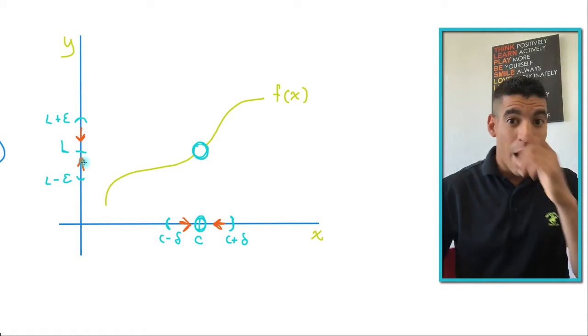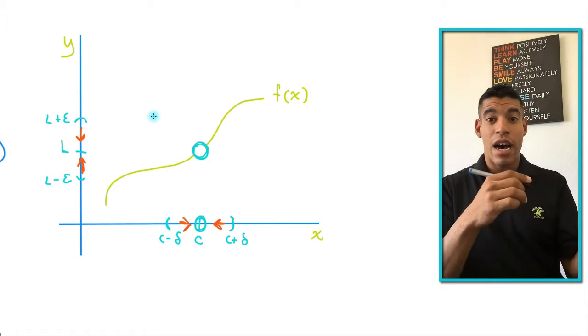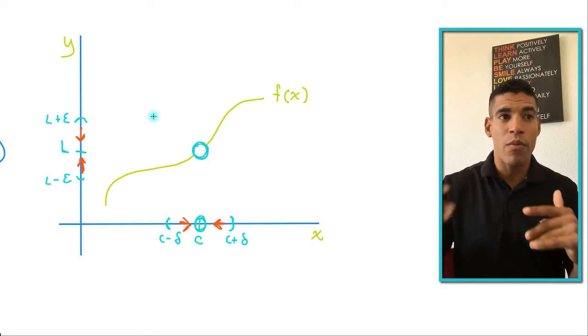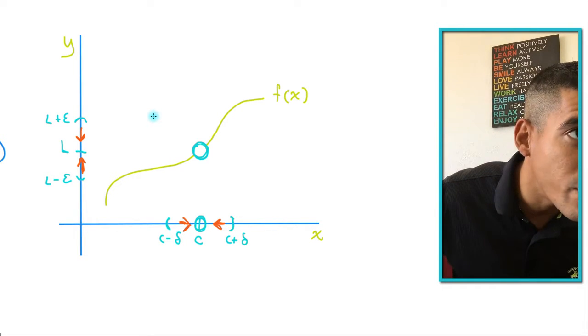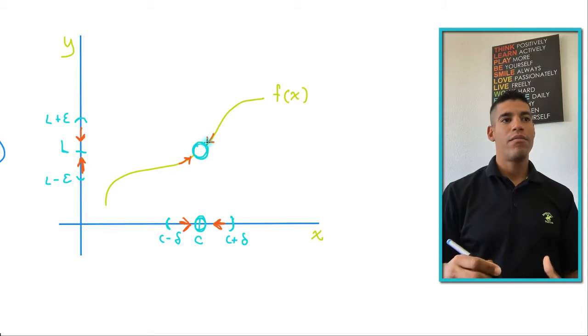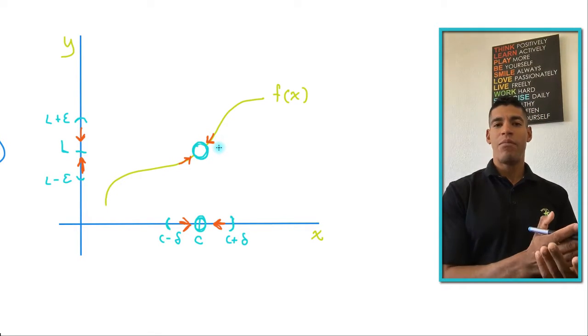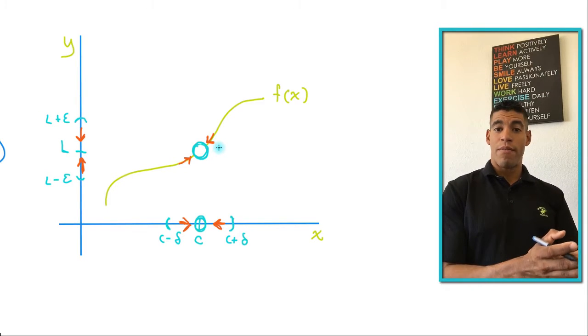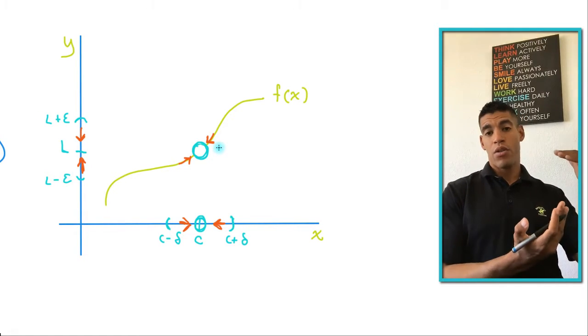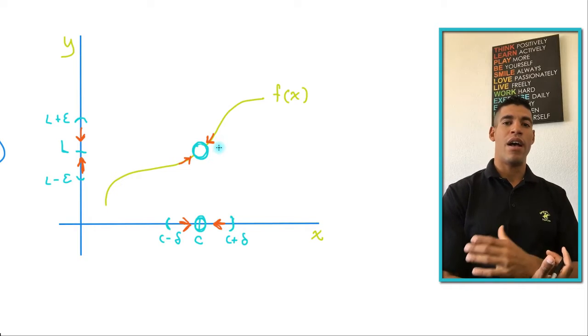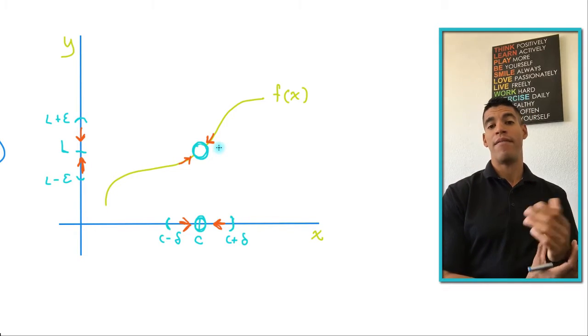Okay? And how does that look in the function? Well, this is it. We're going to get closer and closer to that value. Okay? So that's what our limit is. Every time that I get closer and closer to my value in x, I'm getting closer and closer to the value L in f of x.